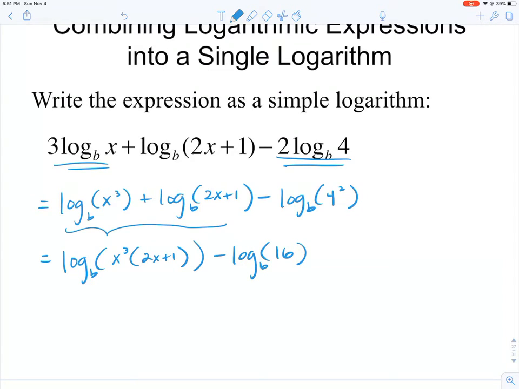So then we can rewrite that difference as a single logarithm using the quotient rule. So log base b, I'll distribute the x cubed in, so it'll be 2x to the 4th plus x cubed all over 16. And we can leave that like so.